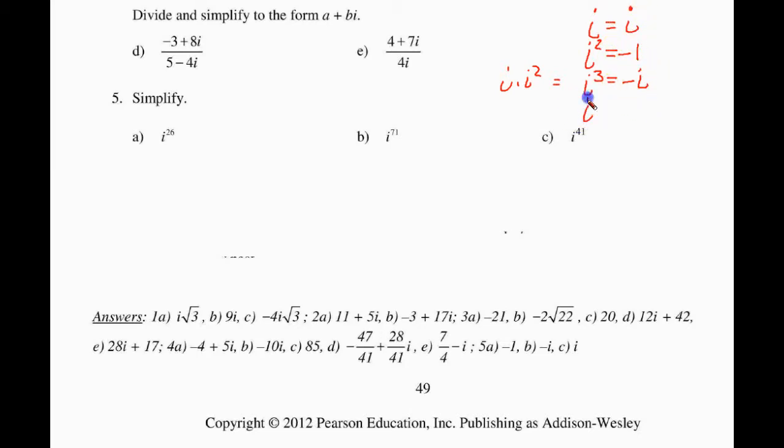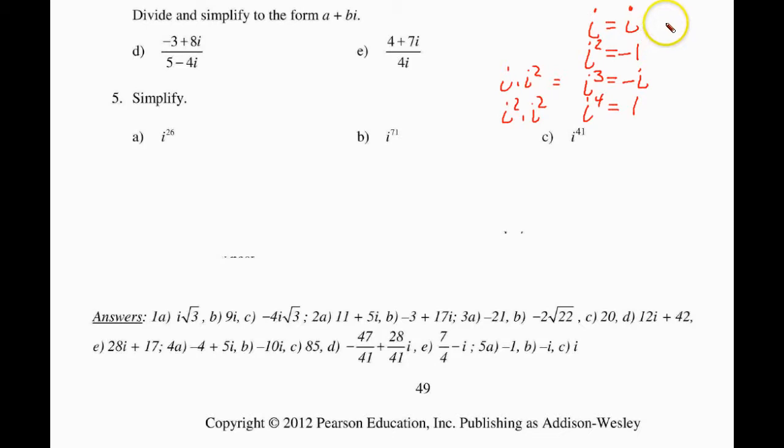And what is i to the fourth? It's i squared times i squared. And what is i squared? Negative 1. Negative 1 times negative 1 is a positive 1.